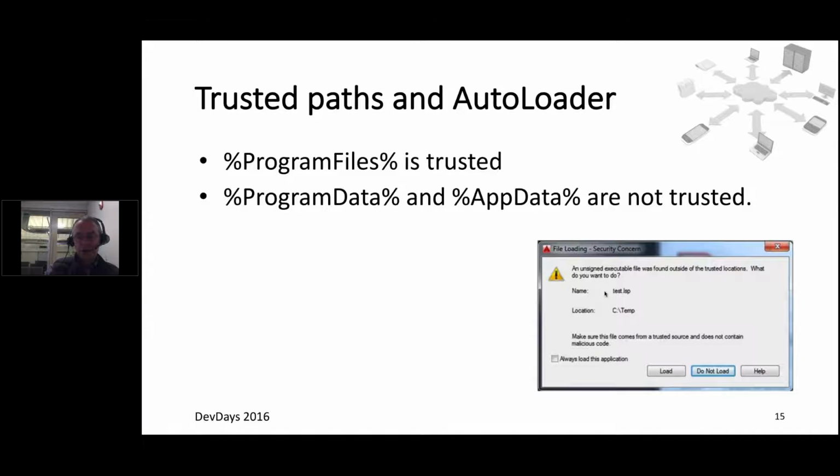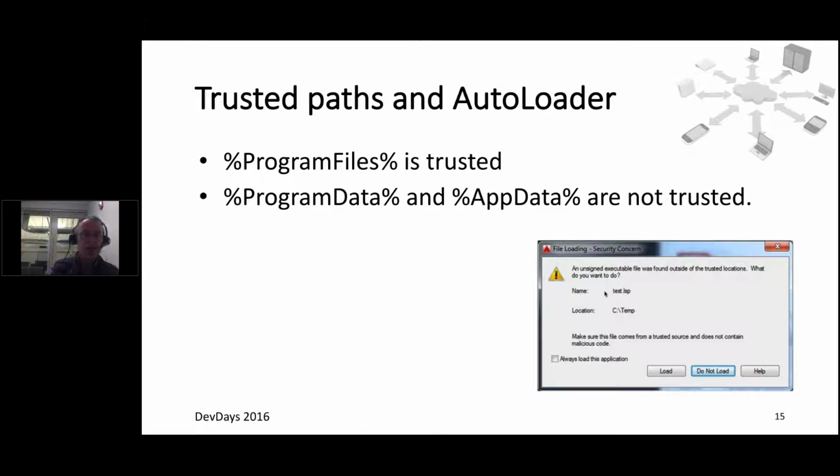Just wanted to take an opportunity as well to remind you about trusted paths. So this is really something that we did in AutoCAD 2017. We now decide how to trust applications depending on where they're installed and whether they're signed or not.